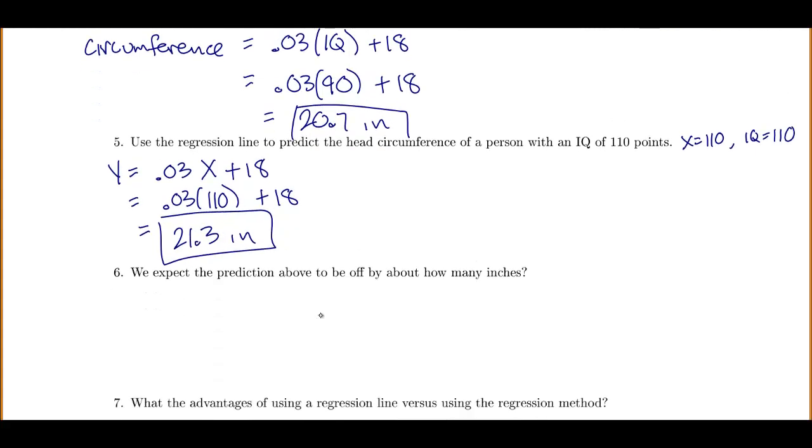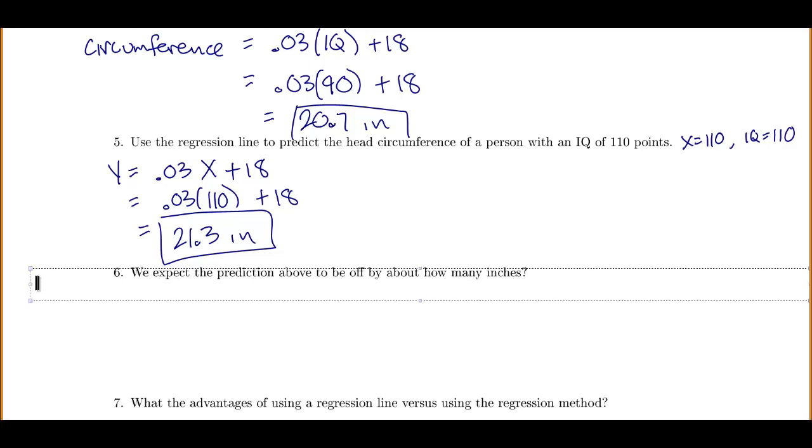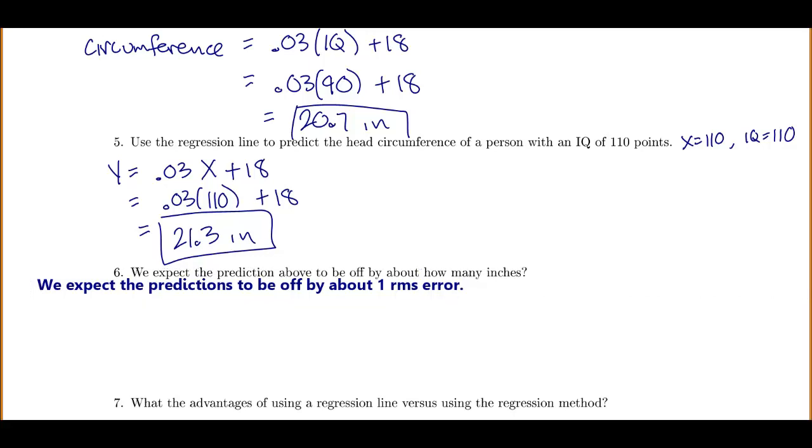And number 6, we expect the prediction to be off by about how many inches? This takes us back to chapter 11, because remember, we expect the predictions to be off by about 1 RMS error. So to answer this, we need to find our RMS error. The RMS error is the square root of 1 minus r squared times the standard deviation of y.